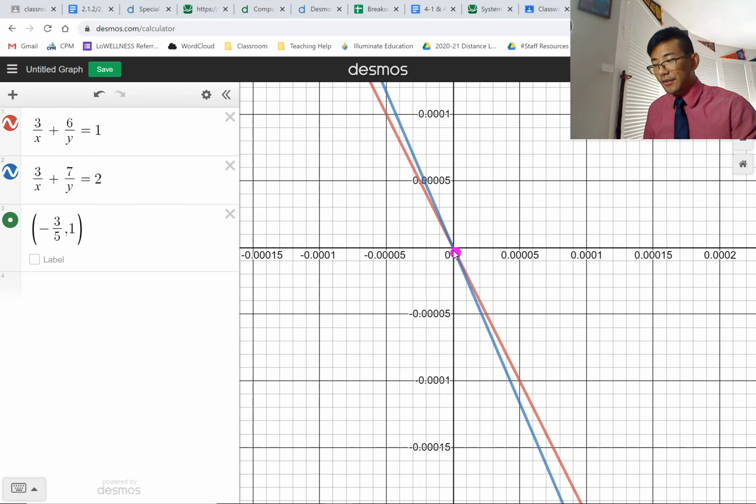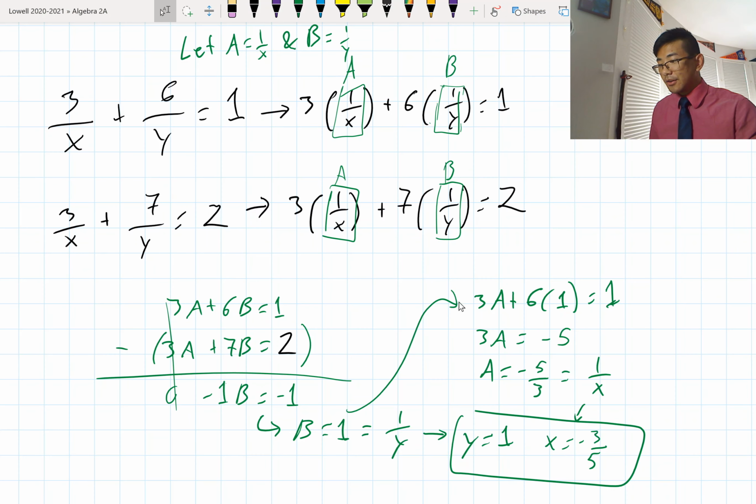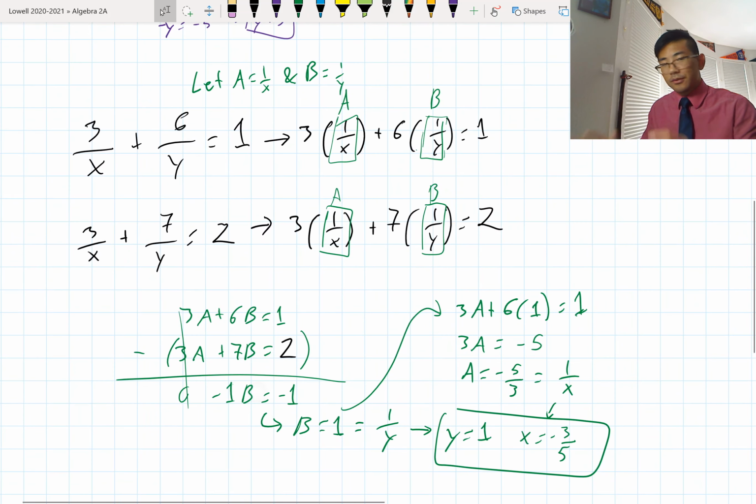So as much as it looks like they cross at 0, 0, it is not actually on either graph. That's how we can use what we know about our elimination method to solve things like this, which maybe don't look super obvious, but with a little bit of tricky substitution are definitely solvable. All right, see you in the next video.